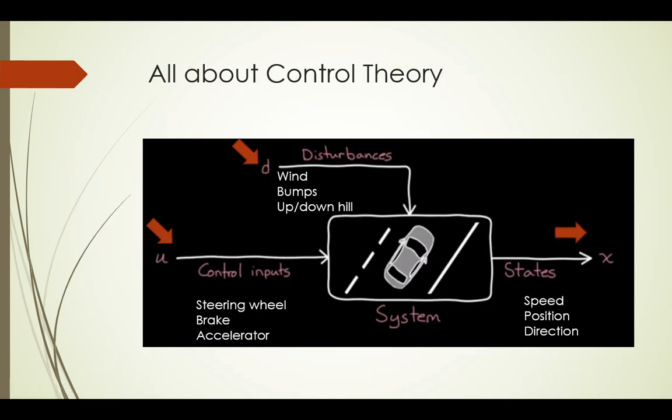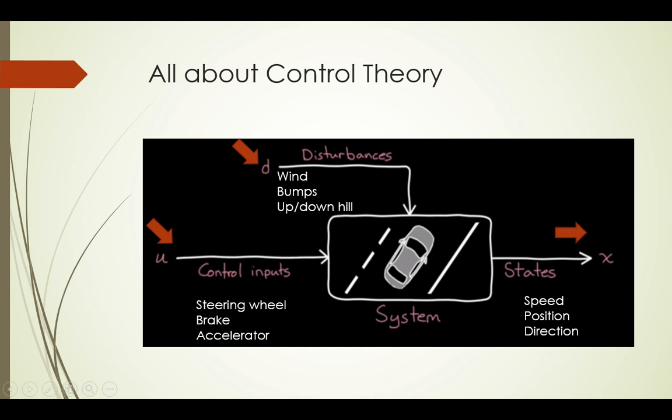Now, to understand this, let's consider a block diagram. In this block diagram, we can have any system: a car, a drone, a building. Let's suppose this is our system, which has some inputs. There are two inputs shown here. One is known as control inputs that we want to give to the system. For example, in a car, we have the steering wheel, brake, and accelerator.